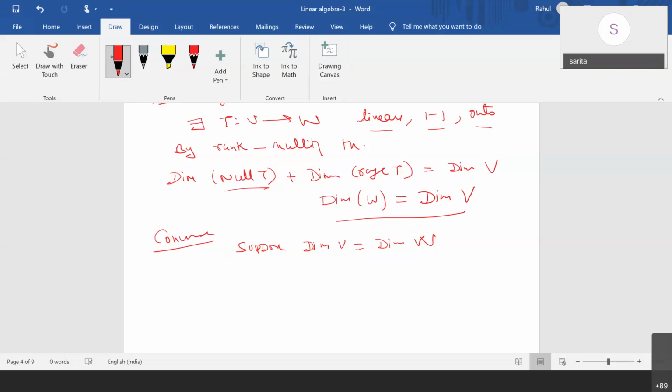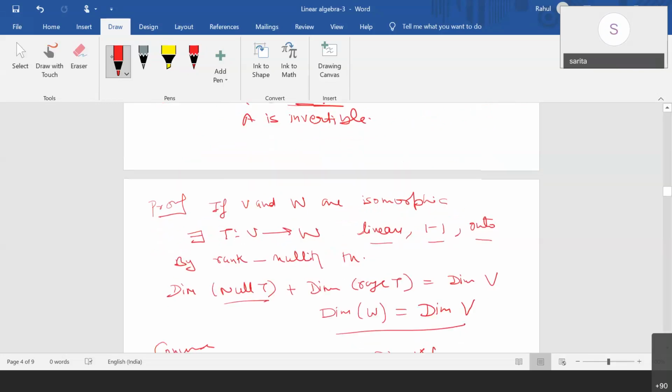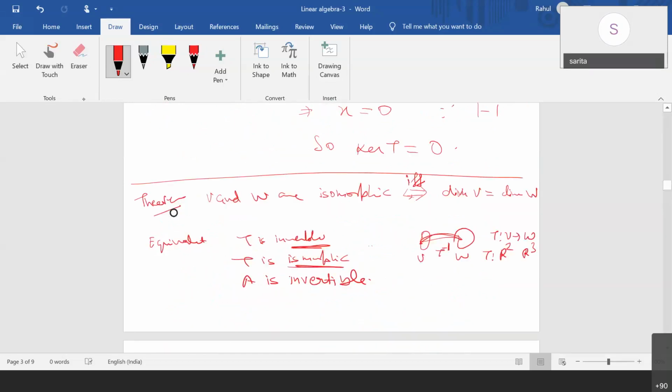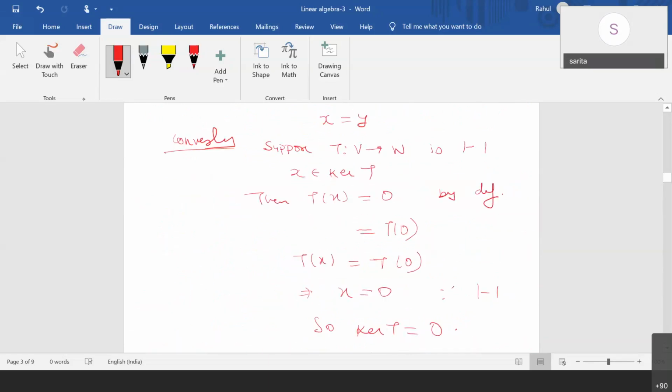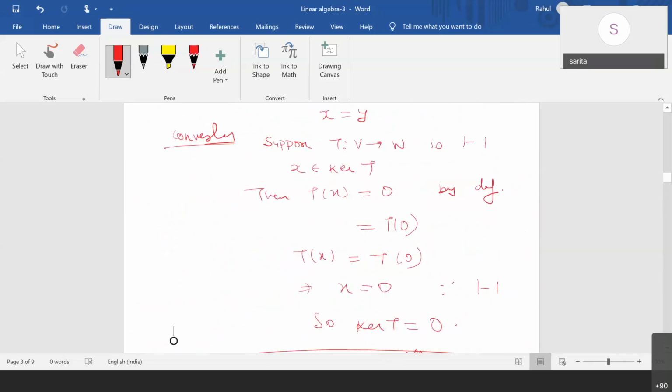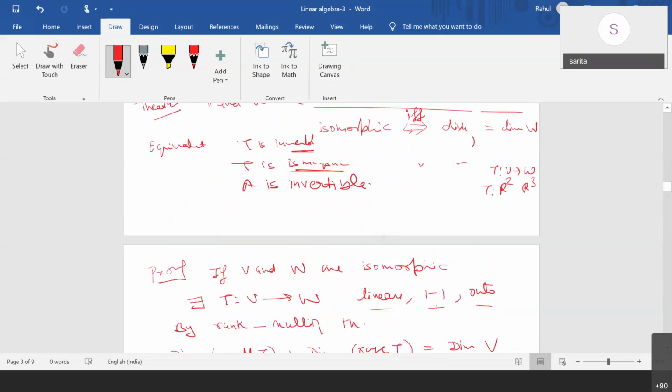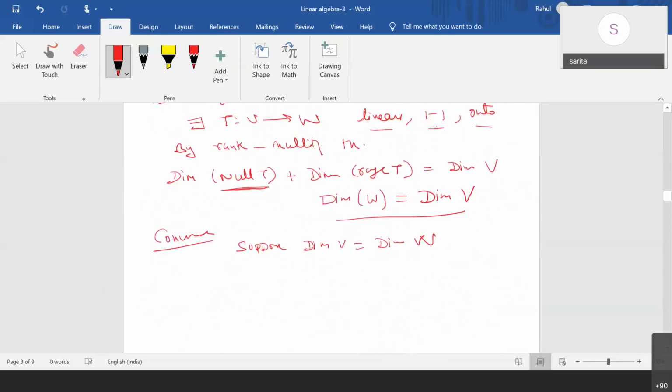Why will it be 0? Just follow the steps you have done in the above proof. In the above question, I took the dimension of nullity equal to 0 because it is one-to-one, and if it is one-to-one, kernel T will be 0 from the previous example. So that's why this becomes 0 and therefore both are equal.